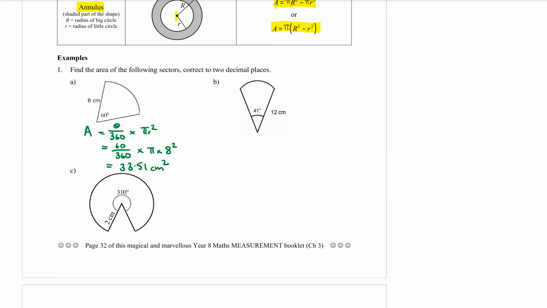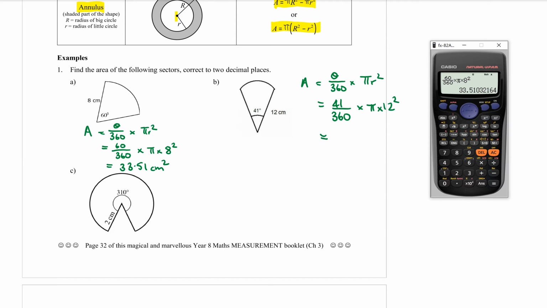Part B, finding the area of that sector. The formula is theta over 360 times by pi r squared. So the theta is the angle, which is 41 degrees this time, over 360 times by pi times the radius, which is 12 squared. And type it in.